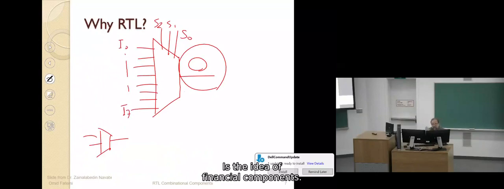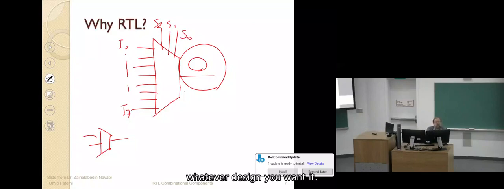This is the idea of combinational components. We have components, we use them to build something bigger. And this we call RT level, register transfer level, not gate level. In the previous section, we were just using gate level.